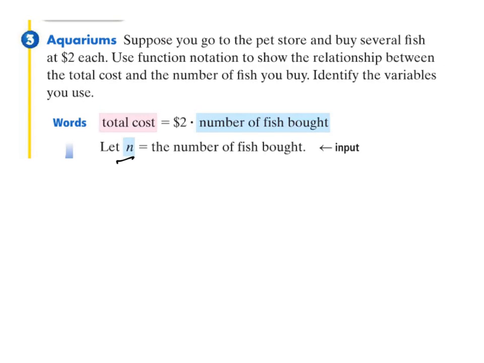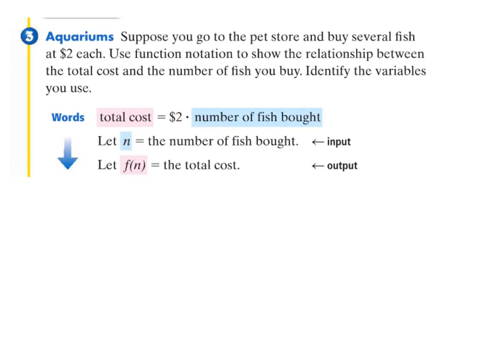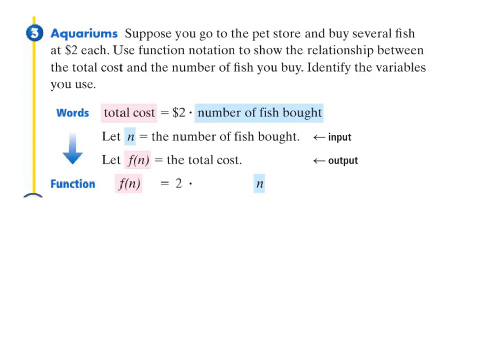Let n be the number of fish bought because that is going to be the input. Let f of n be the total cost. n stands for the number of fish bought. So function f of n is equal to 2 times, because 2 is the cost of each fish, times n, the number of fish bought.